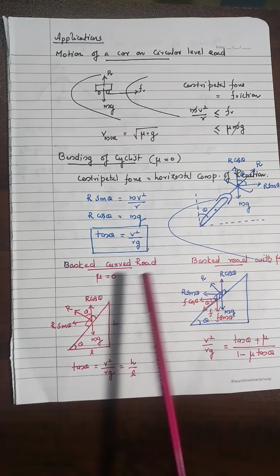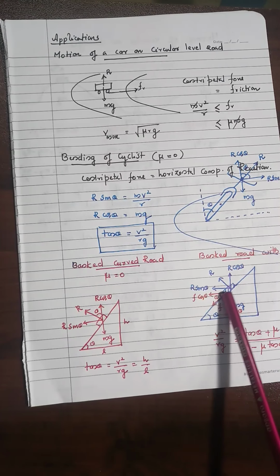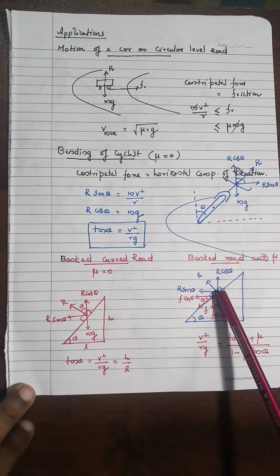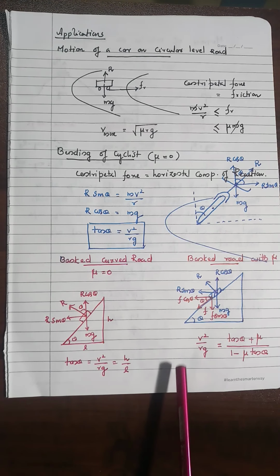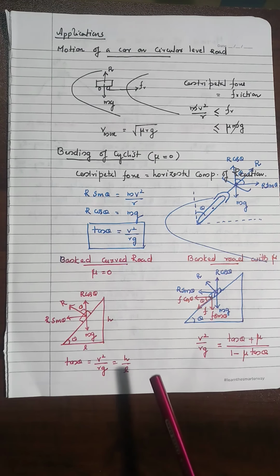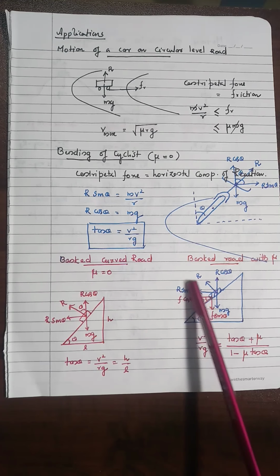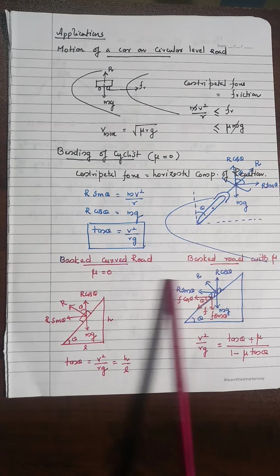The next one: if you account for mu also, the friction is acting between the vehicle and the road, between the tire and the road. That F can be split into two components, F cos theta and F sin theta. The two components will give the necessary centripetal force, R sin theta plus F cos theta.